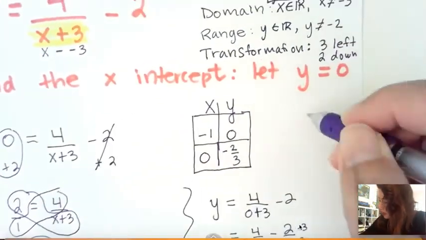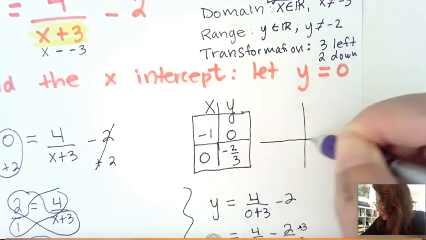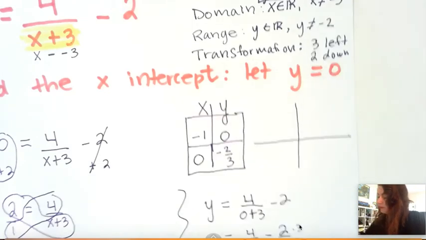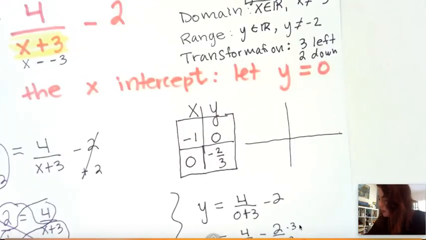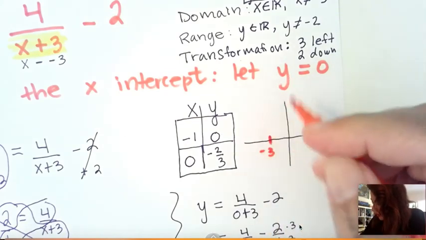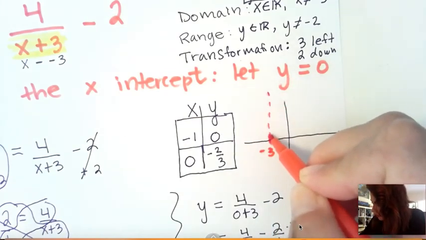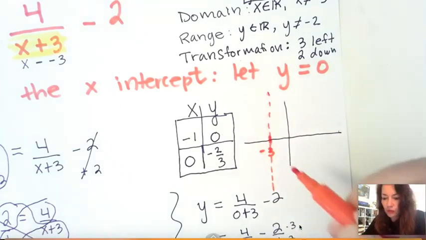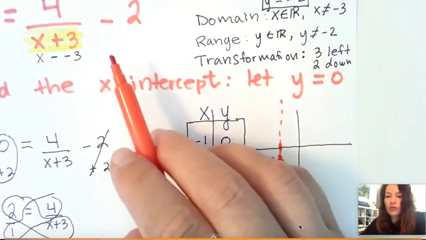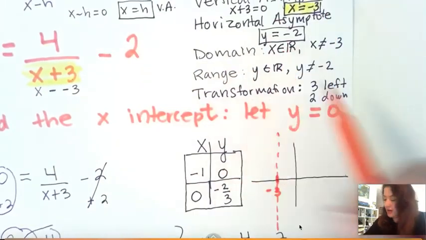And if we made a quick sketch using these characteristics, the first thing I would want to do is draw in my vertical asymptote. So at -3, we have a dashed line. That means the graph will not be able to touch -3. We also have a horizontal asymptote right here at -2.